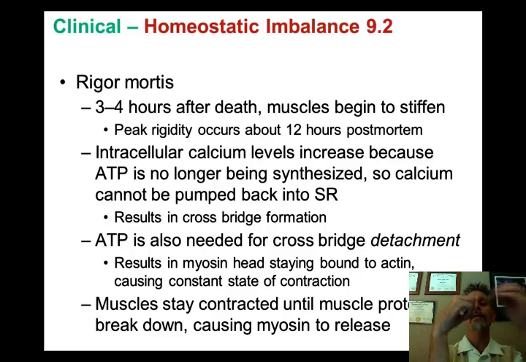Well, if we don't have an ATP molecule to bind to the myosin head and allow it to detach from the actin filament, then our muscles are locked up. It's only after about 24 hours or maybe longer that rigor mortis starts to go away.